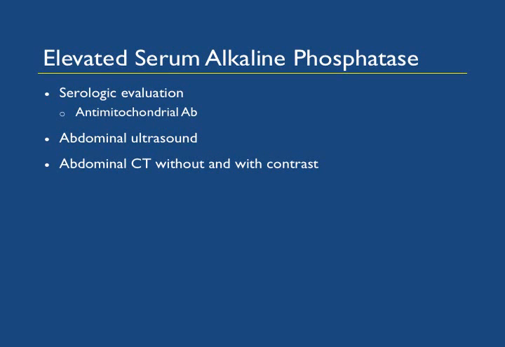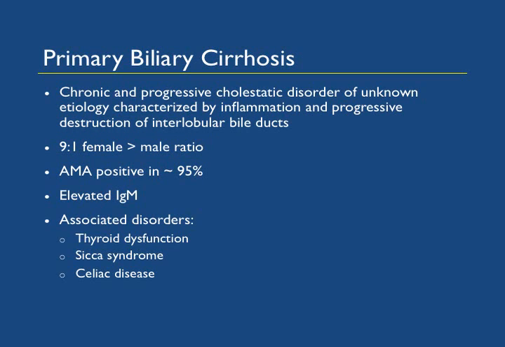Turning to causes of elevated serum alkaline phosphatase, as discussed in the previous presentation, the serologic evaluation is largely limited to determination of an anti-mitochondrial antibody, and imaging takes precedence in the approach to the patient with elevated serum alkaline phosphatase. Primary biliary cirrhosis is a chronic and progressive cholestatic disorder of unknown etiology that's characterized by inflammation and progressive destruction of the interlobular bile ducts.